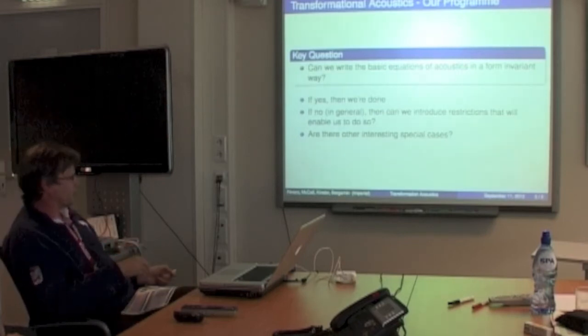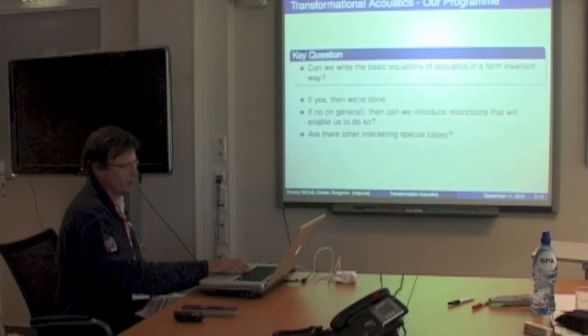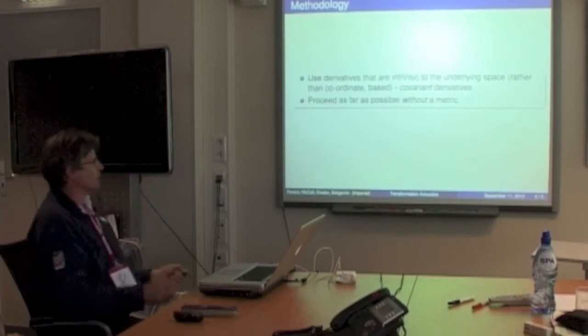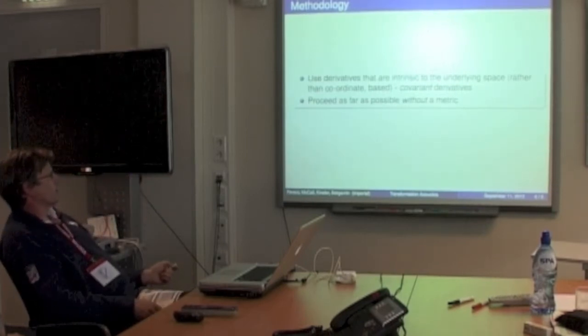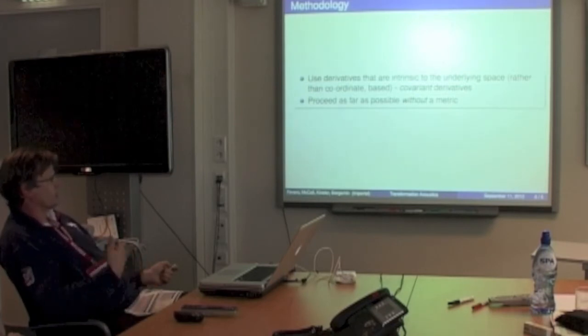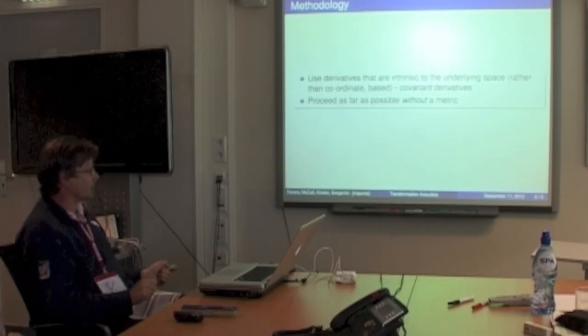So we set ourselves some relatively modest theoretical goals, and we've made free use of ideas from differential geometry, covariant derivatives that are intrinsic to the underlying space rather than coordinate based, and we wish to proceed as far as possible without a metric.